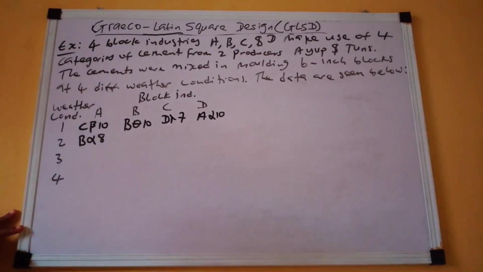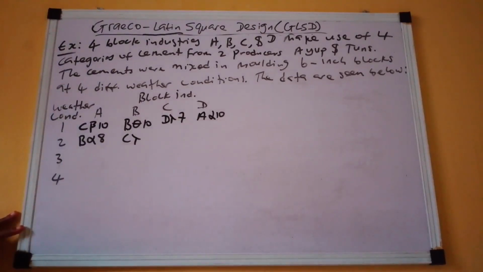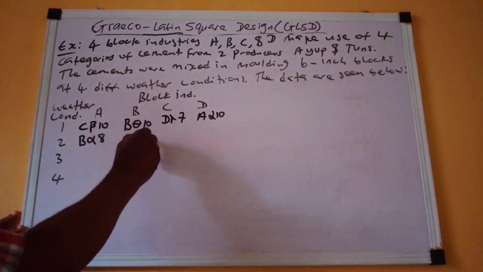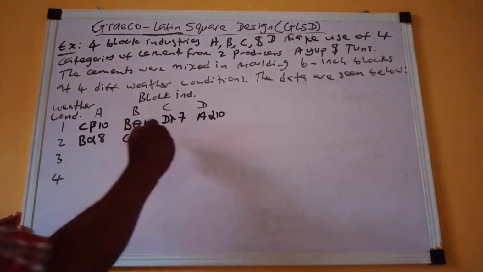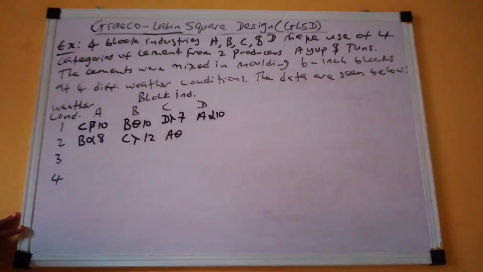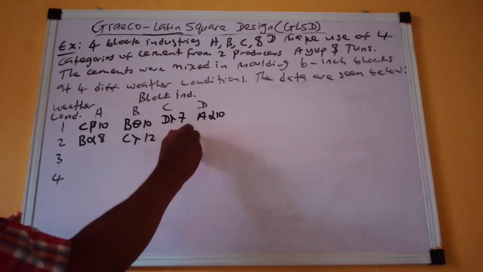The next one is C lambda, and that is 12. And the next one is A theta, and that is also 12.